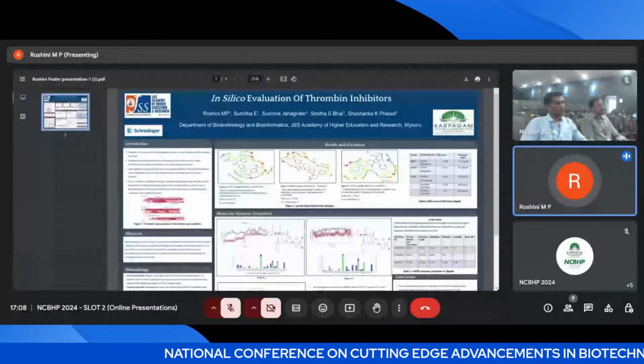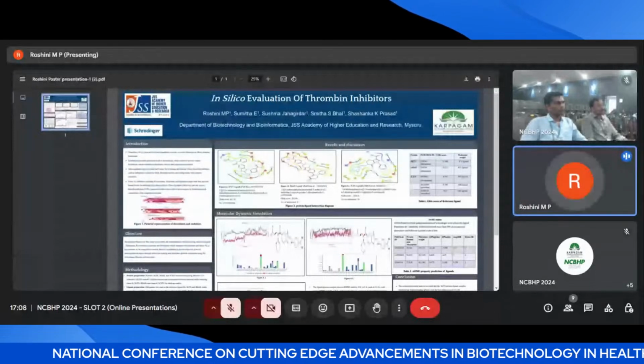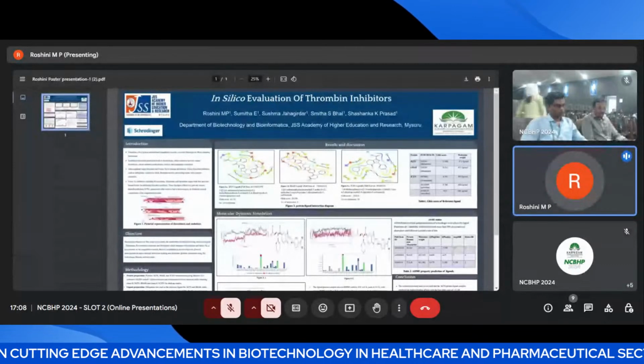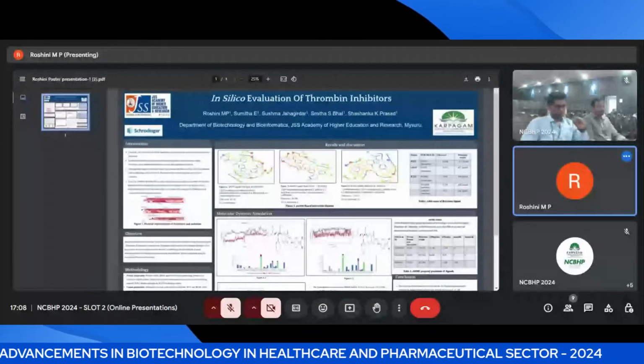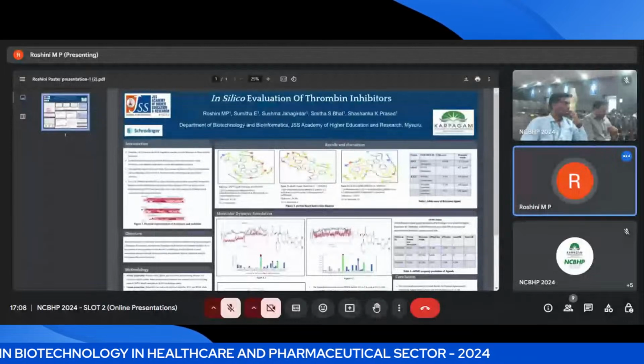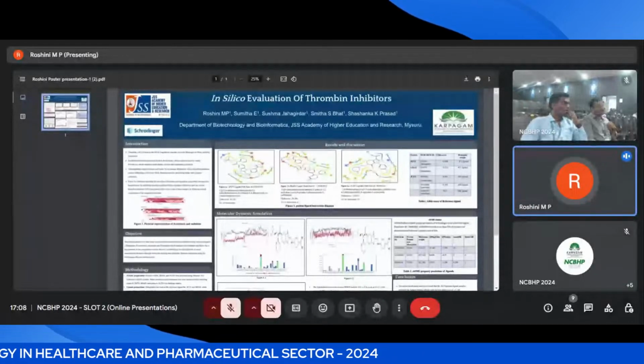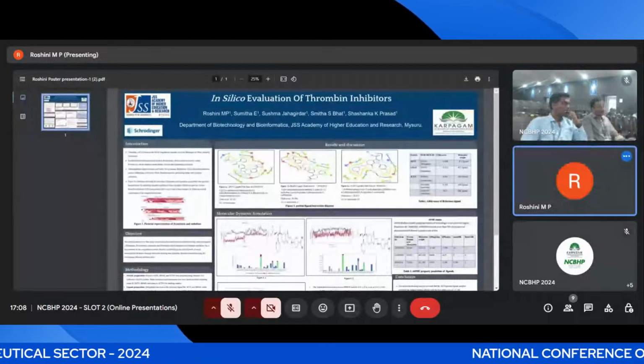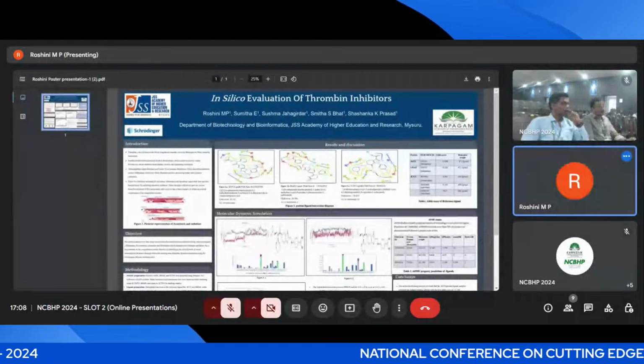Then the molecular docking was carried out, where the best 3 ligands were selected based on the glide score.